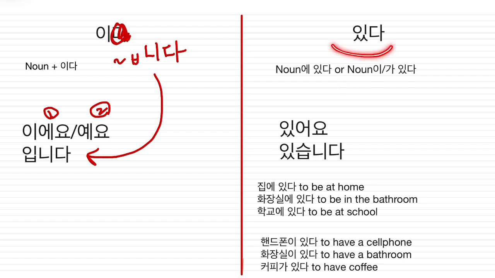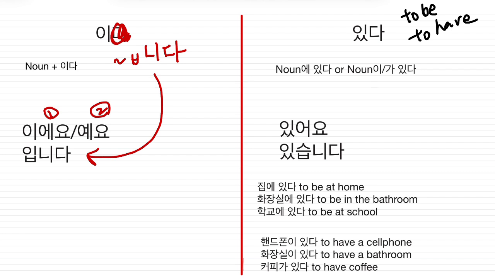So 있다 is a verb that can have a meaning of to be or to have. So it's like a verb or adjective in a sentence in Korean. This verb is not attached to anything and is used at the end of your sentence.